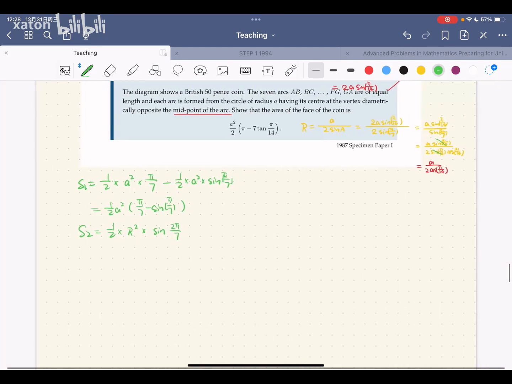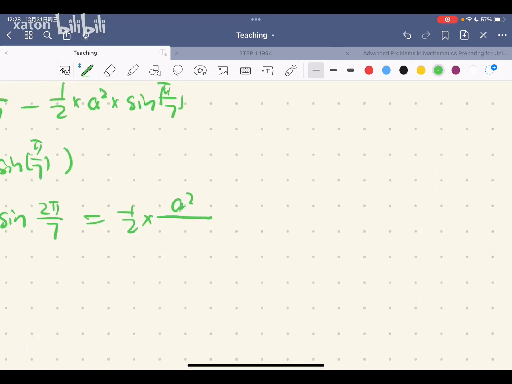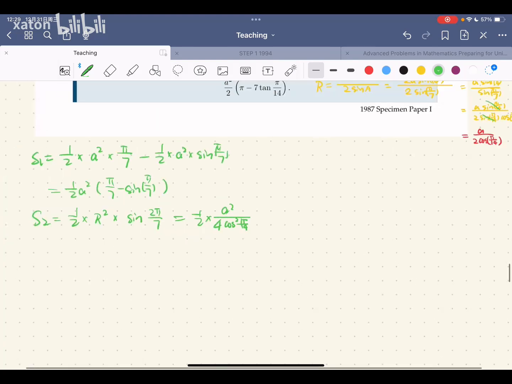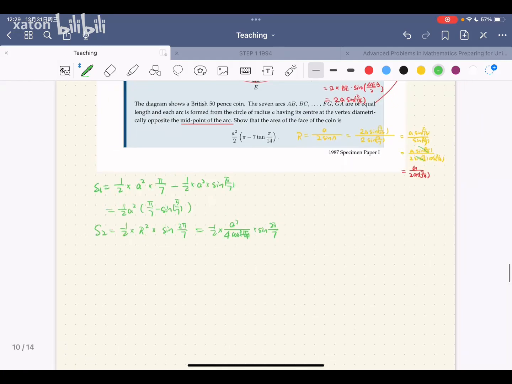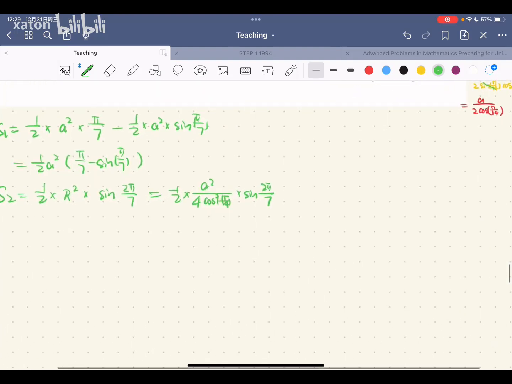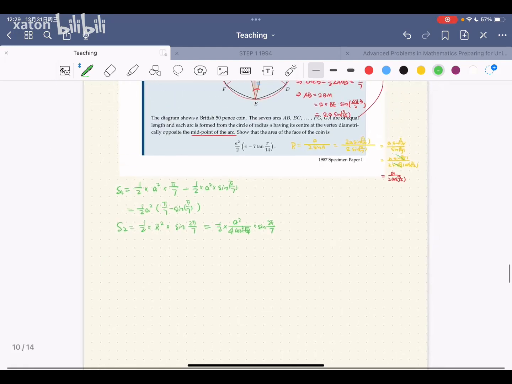And we substitute the result we got above for R, times b squared over 4 cosine squared pi over 14, times sine 2 pi over 7. Yes, I think so. Now we only have to add S1 and S2 together.